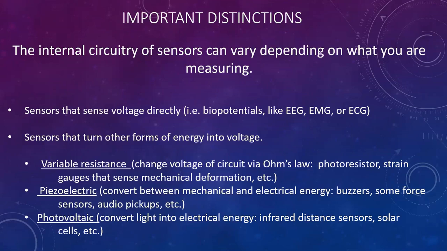But at the same time, you can also send electricity to a piezoelectric material and it will mechanically deform. And so that's why you can use these things as speakers to make tones. There's also photovoltaic sensors, which are basically little solar cells. They take light and turn them directly into electricity.